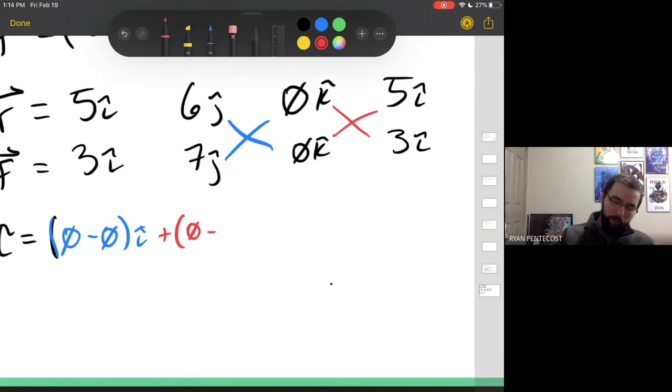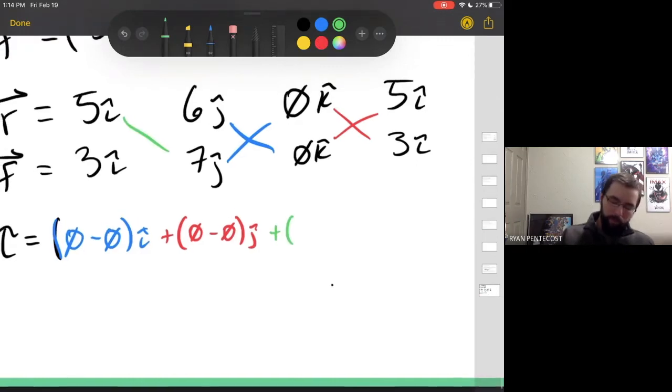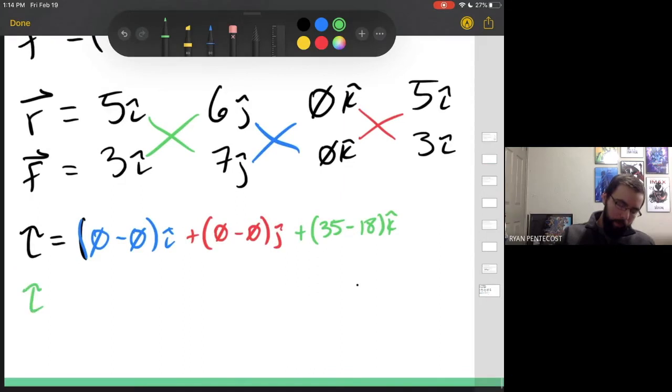Minus 0 times 5, also 0. I think you guys can see where this is going. Now for the K component, you have 5 times 7, that is 35, minus 3 times 6, that is 18. Oh, math, was that 17? So notice that our torque is 17 K Newton meters.